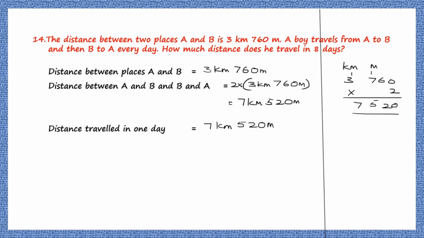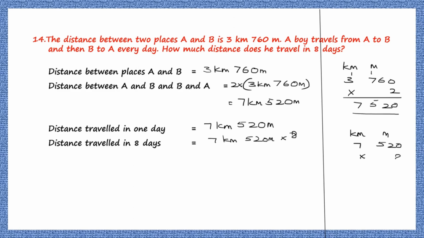Now we have been asked to find the distance he travels in 8 days. That means 7 kilometers, 520 meters, which is one day, into 8 will give us 8 days. So let's multiply that. Again, we have kilometers and meters. 7 kilometers 520 meters multiplied by 8.